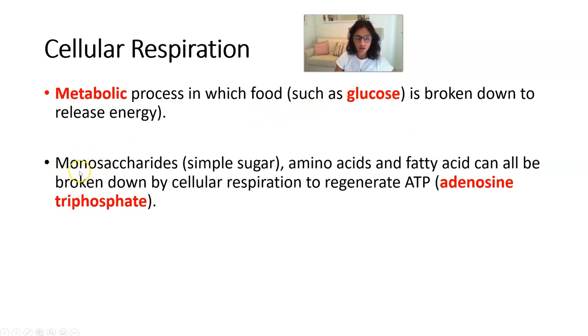So remember, the word mono means one, it's a simple sugar. However, we can also metabolize amino acids, that's the smallest component of proteins, or fatty acids, which are the smallest components of lipids. These can all be broken down to regenerate ATP, which of course is adenosine triphosphate.